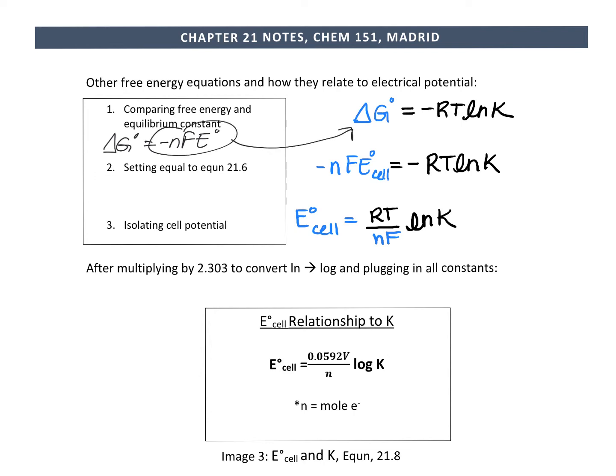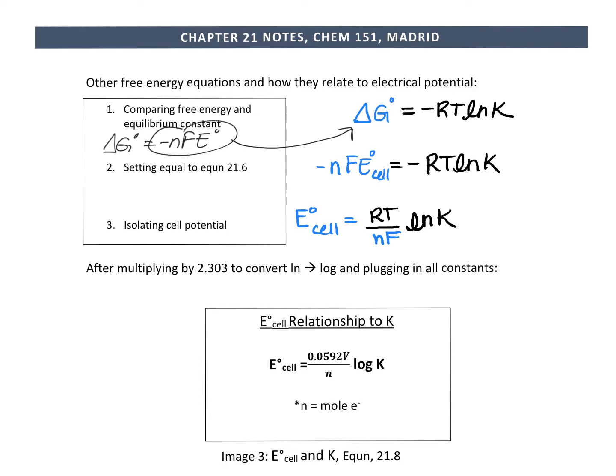I end up with negative N F E naught at standard state is equal to negative RT natural log of K. To get cell potential by itself, I'm going to take this negative NF and divide it over to the right-hand side. So I end up with E cell, or cell potential at standard state, is equal to RT divided by NF times the natural log of K.